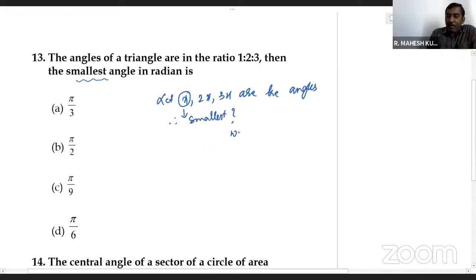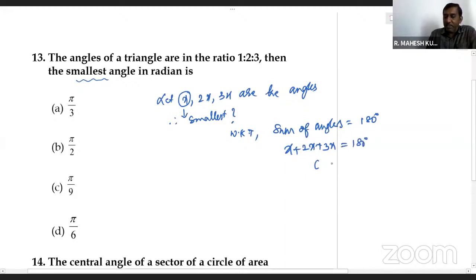If you add all the angles, we know that the sum of angles of a triangle is always equal to 180 degrees. So when we add these three, x plus 2x plus 3x, the sum will be equal to 180 degrees. So 6x is equal to 180 degrees. You get x equal to 180 divided by 6, which is 30 degrees, right?